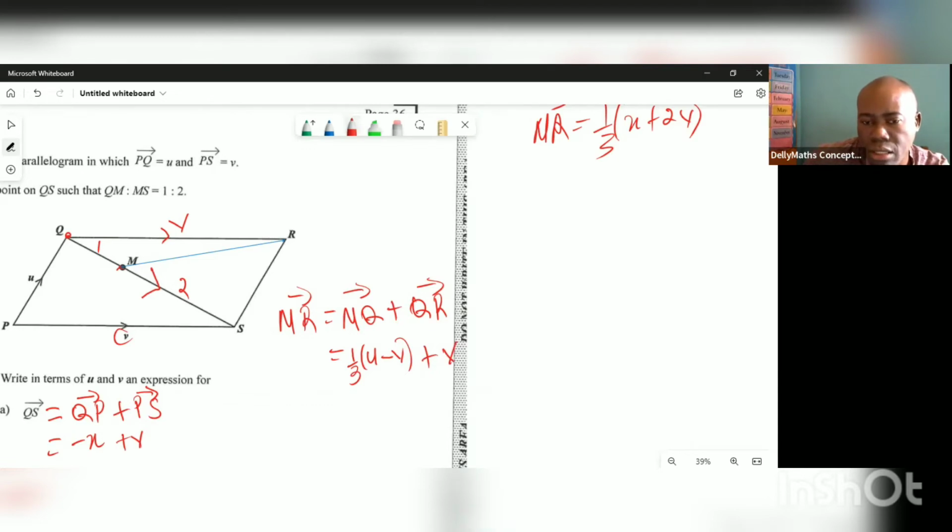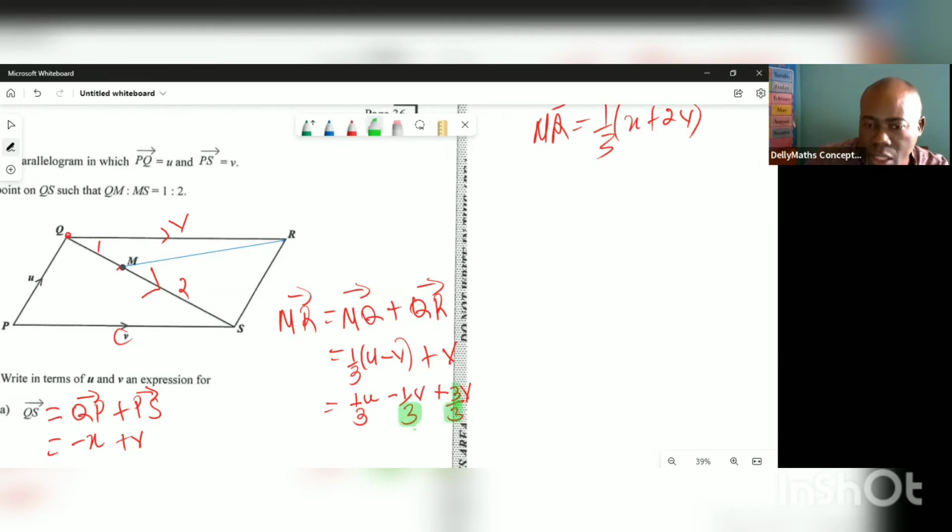Now let us quickly do some math. Let me just distribute. If I distribute this 1/3, I'll get 1/3 U, and then negative 1/3 V plus another V. This last V is a whole number, so I'm going to write it as 3/3 V, to match the same denominator.